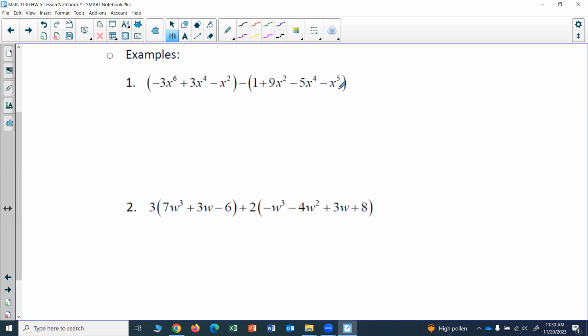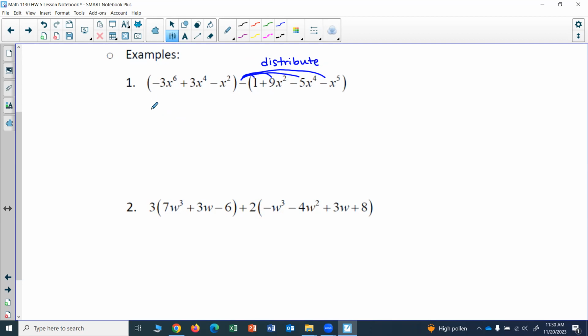So the first thing I have to do before I can combine any like terms is I have to distribute. I have a negative in front of the second polynomial, so I'm going to go ahead and distribute to all four terms. So that's my first step. Distribute.